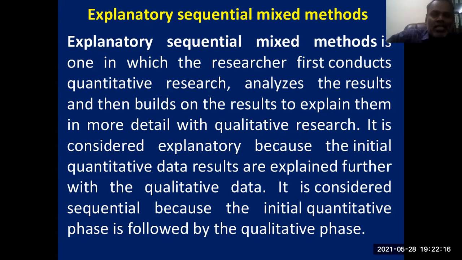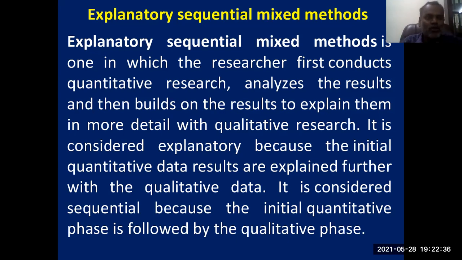So in this explanatory sequential method, you start your data collection using quantitative research, and you also analyze the results. Then you build on the results, which are explained in more detail with the qualitative research.